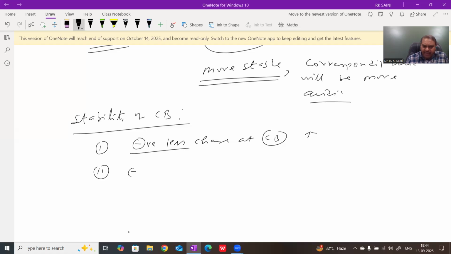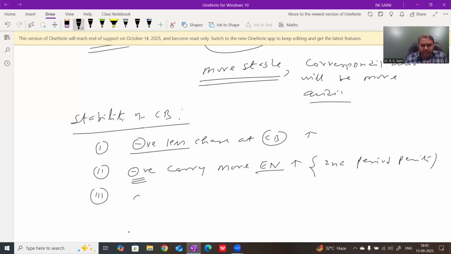Second, if the negative charge is carried by a more electronegative element, then it is more stable. This factor is important for second period elements, because empty d orbitals are not present in their outermost shell, and hence their negative charge is stabilized only by the electronegative element, or we can say if negative charge is present on the more electronegative element, then the species is more stable.